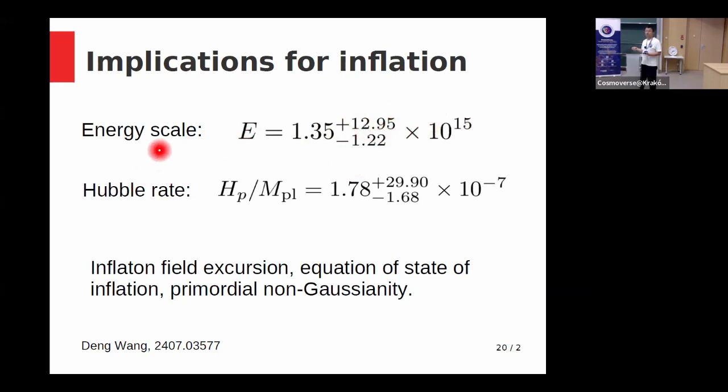I also give the Hubble rate, which is about 10 to the 7. And I also discussed that the inflaton field excursion is very important to quantum gravity and some theories of the very early universe. And I also discussed the equation of state of inflation.